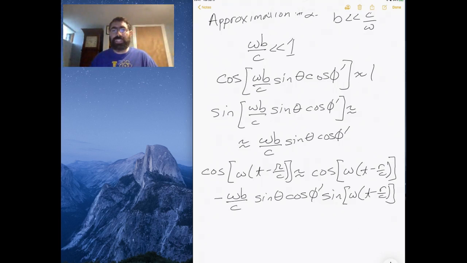So we've achieved getting away from using script r and putting everything now in terms of just the regular r, the position vector.